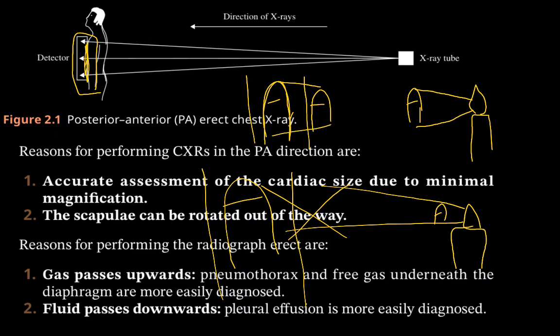That's why we need to do so in the case of chest X-ray, so as to minimize the cardiac shadow by making the anterior chest of the patient adjacent, close to the film.